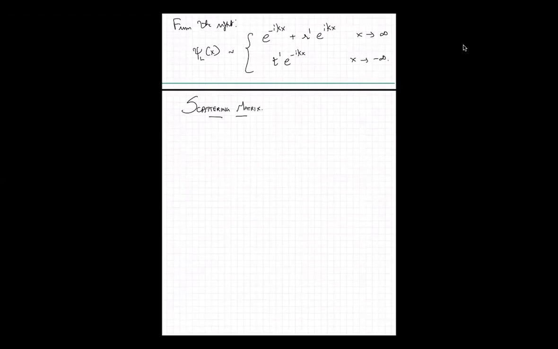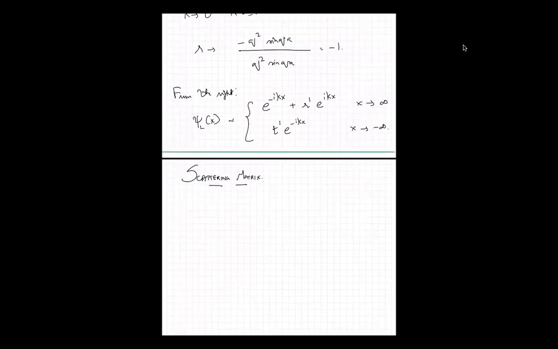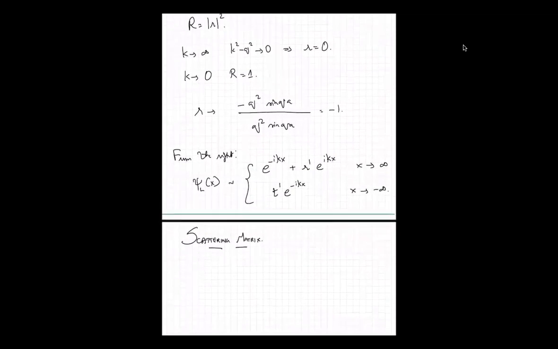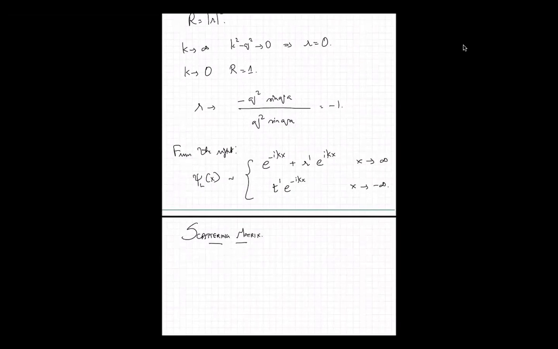So thus far we have written down the solutions to the Schrodinger equation as e to the ikx and e to the minus ikx. But notice that the way you interpret these is a little tricky. For example, if you look at this particular solution from the right, there is an e to the minus ikx in the solution, and there is an r prime e to the ikx.